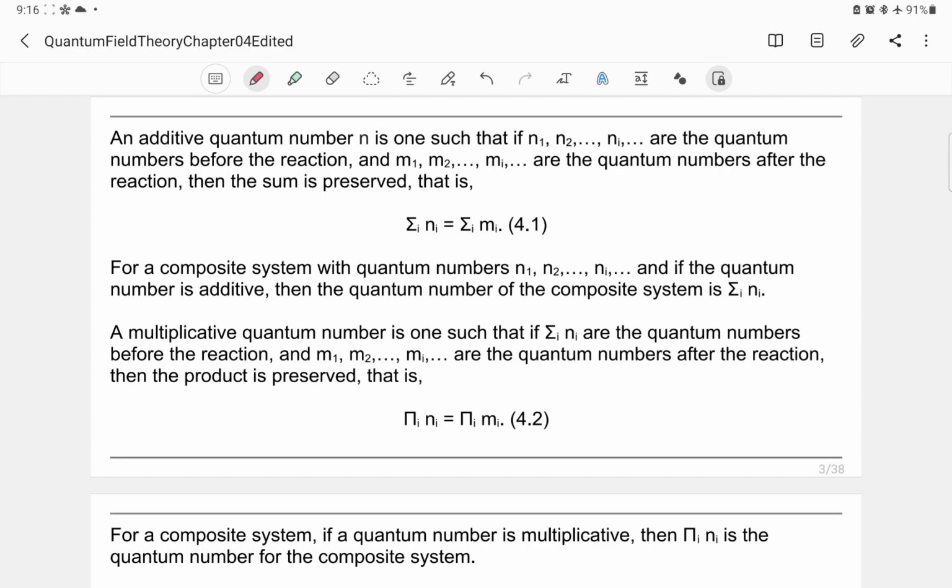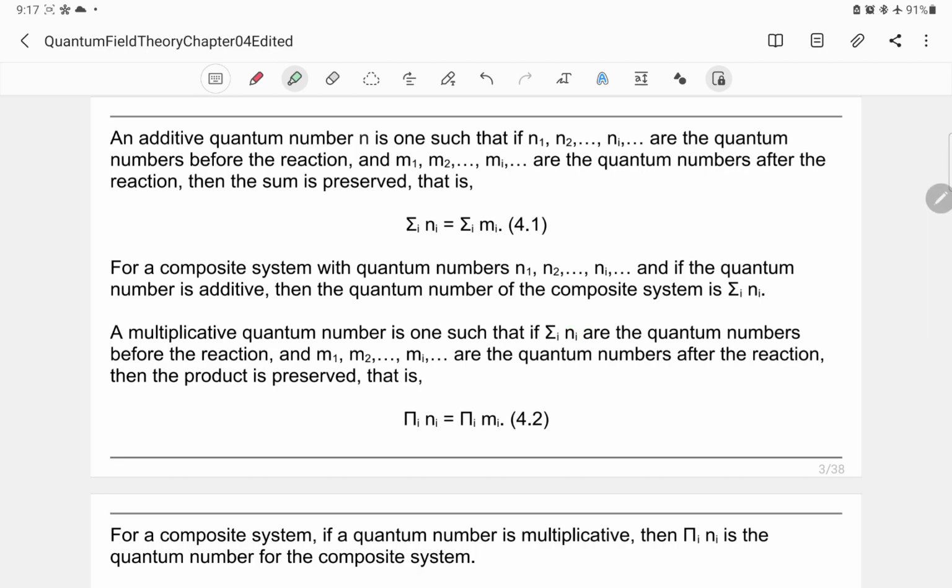There are also multiplicative quantum numbers, such that if you have quantum numbers in the initial state, for example before collision, scattering or decay, then the multiplication of these quantum numbers at the beginning would also be the same in the final state, the product of those quantum numbers.